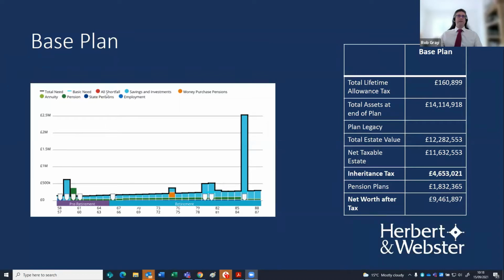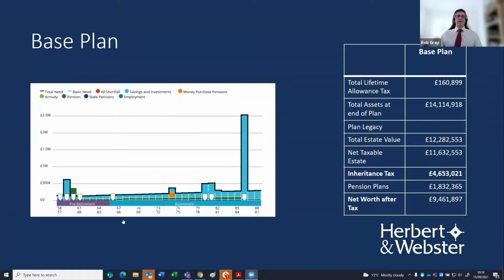Red signifies a shortfall. So you can see there's no red on this chart. Again, for his purposes, cash flow planning, making sure he doesn't run out of money, was not really relevant. He's got more than enough money in the bank and in his investments to cover him for as long as he needs it. You see there's a lot of light blue on here, so that's using savings and investments.